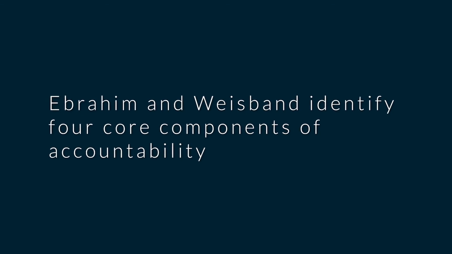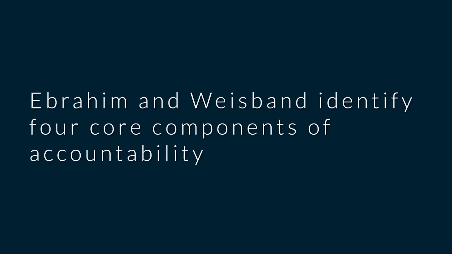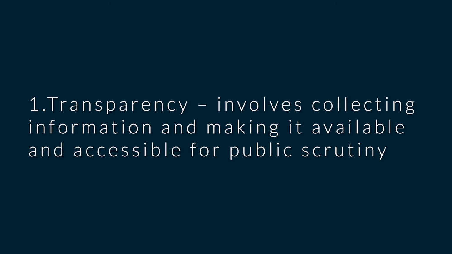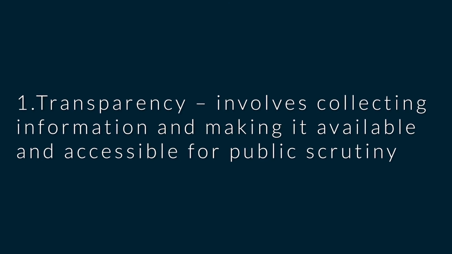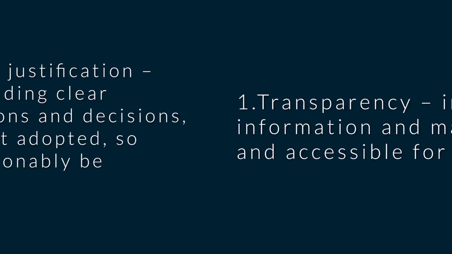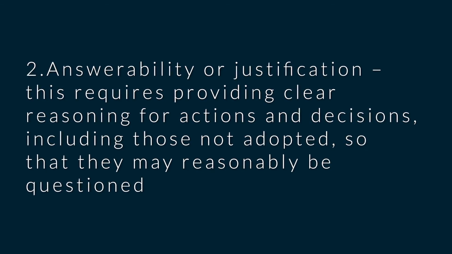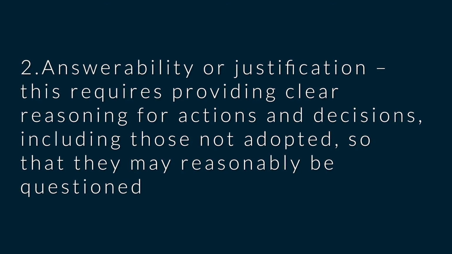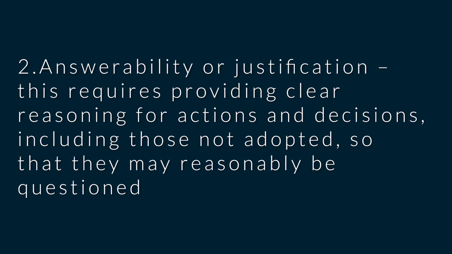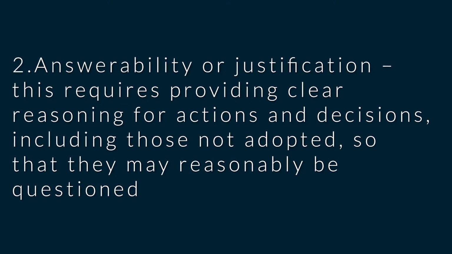Ibrahim and Westband identify 4 core components of accountability. First, transparency, which involves collecting information and making it available and accessible for public scrutiny. Number 2, answerability or justification. These require providing clear reasoning for actions and decisions, including those not adopted, so that they may reasonably be questioned.